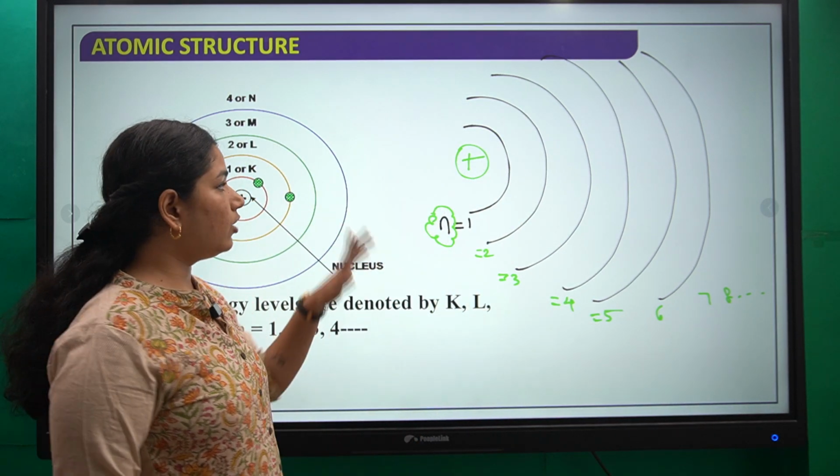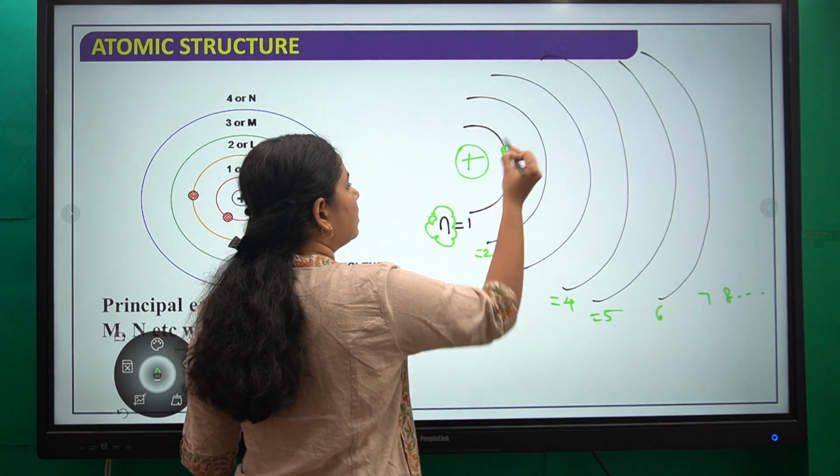This is where the electrons revolve around the nucleus in an orbit.